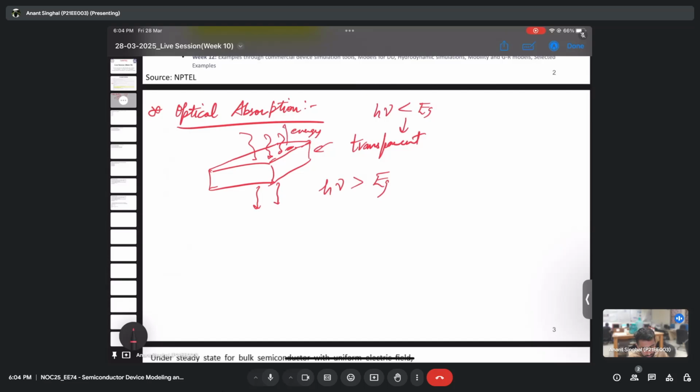That is what we have seen. This interaction creates an electron hole pair, and the excess energy gives the electron or hole additional kinetic energy, which will be dissipated in the form of heat or something. So this is the basic principle.